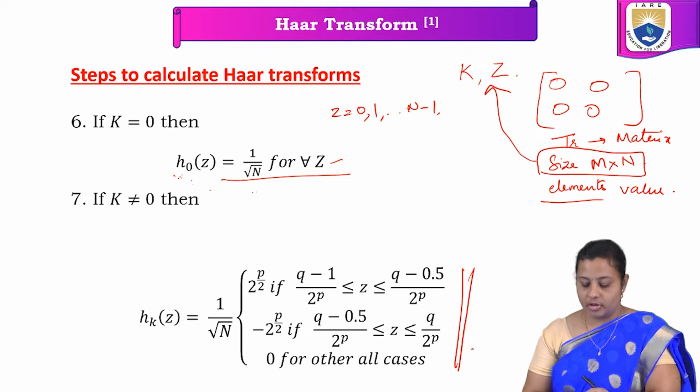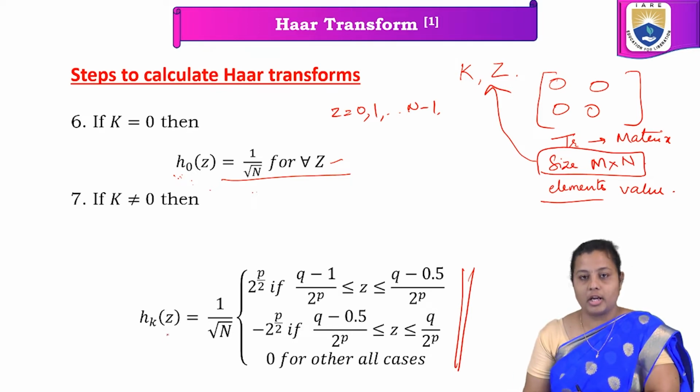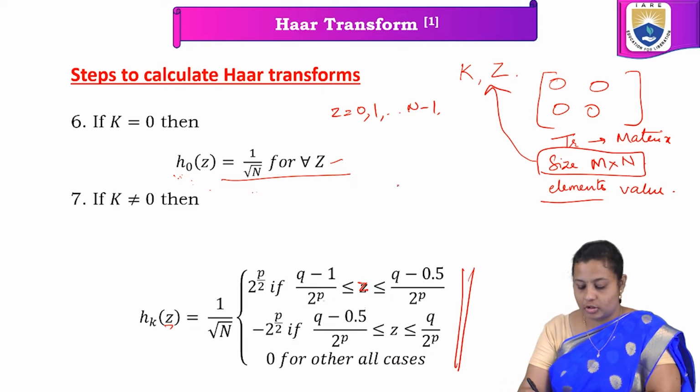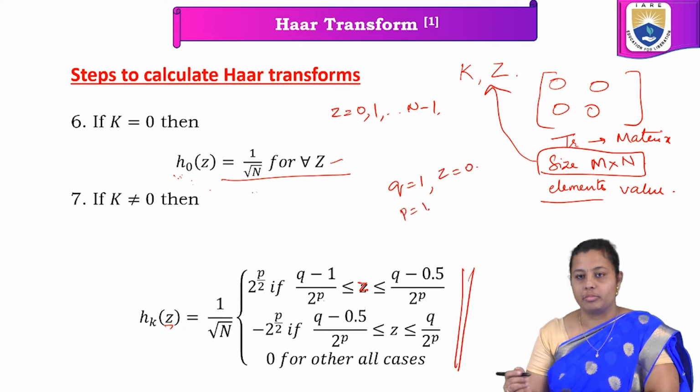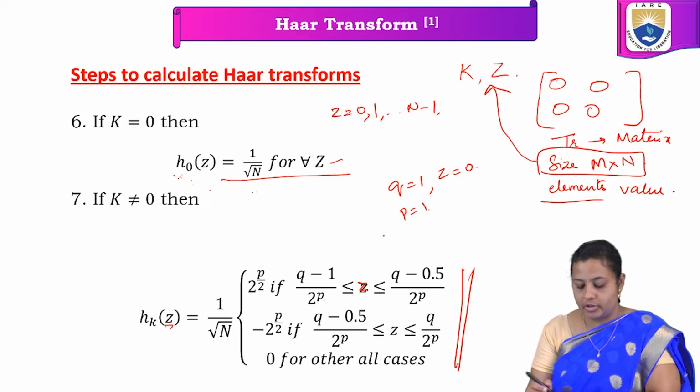Now, if you observe clearly, we will calculate for each and every Z. So we check which range Z is falling in. Say suppose Q is equal to 1, Z equal to 0, and P equal to 1, for example, then these equations will change to Q minus 1. So let's consider a small example where Q is equal to 1, P equal to 1, right?